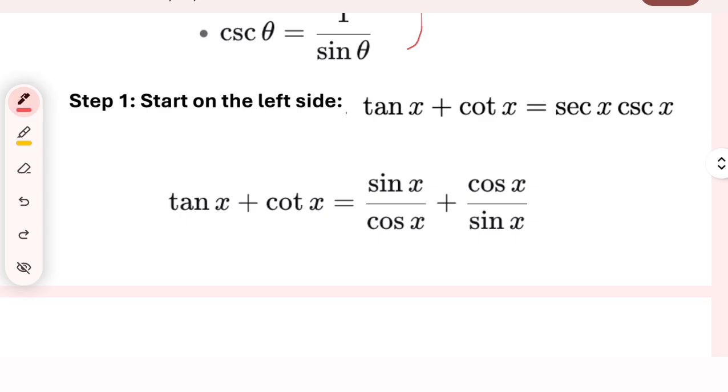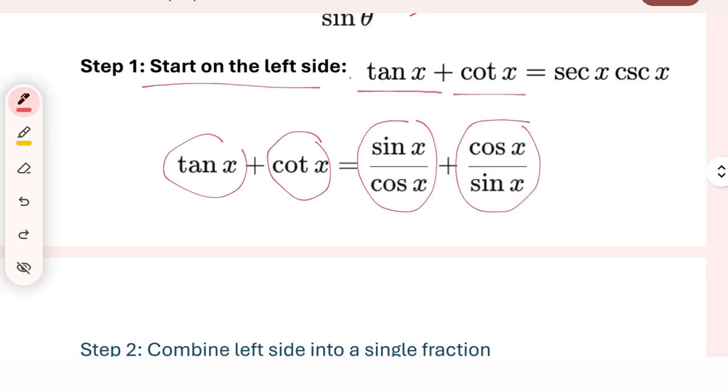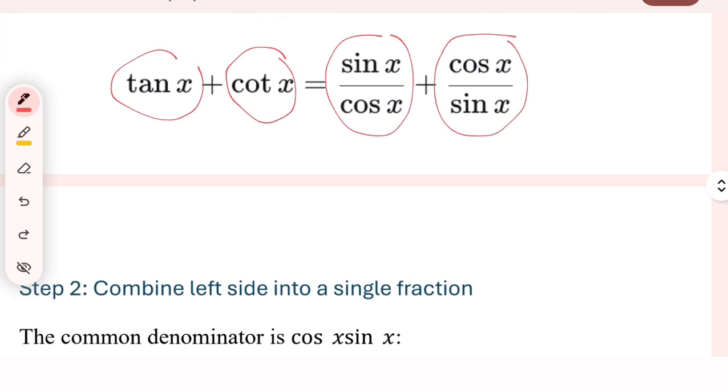In this case, I want to start on the left side. This is the left side, tangent x plus cotangent x, and I can work on that. I can replace tangent with sine over cosine, and I can replace cotangent with cosine over sine. Then I will combine the left side into a single fraction, because these are two terms.